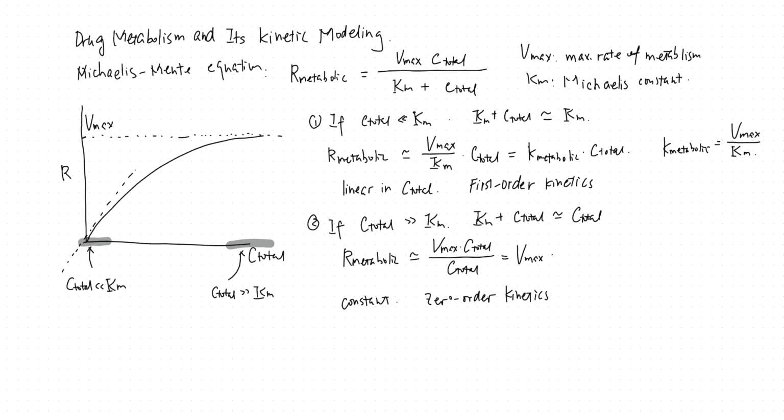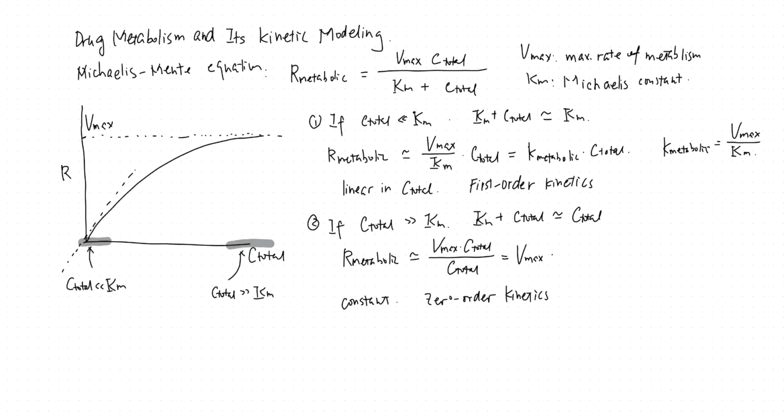So we want the body to have a mechanism to metabolize it. However, if the dosage is too large and the metabolism rate actually caps, that can potentially lead to some drug toxicity. So this is something you may just want to be aware of.